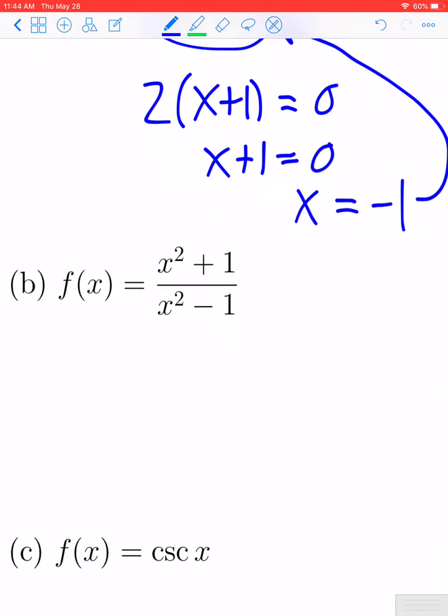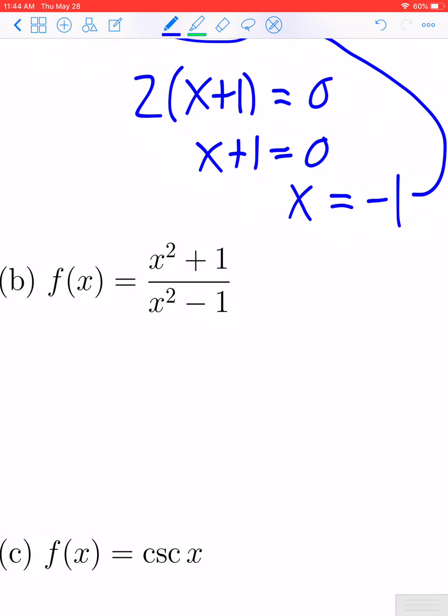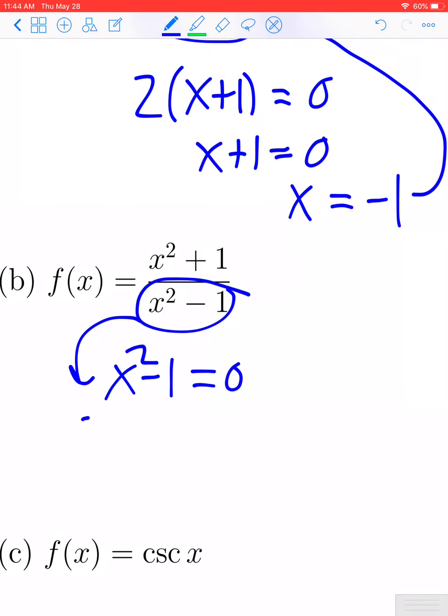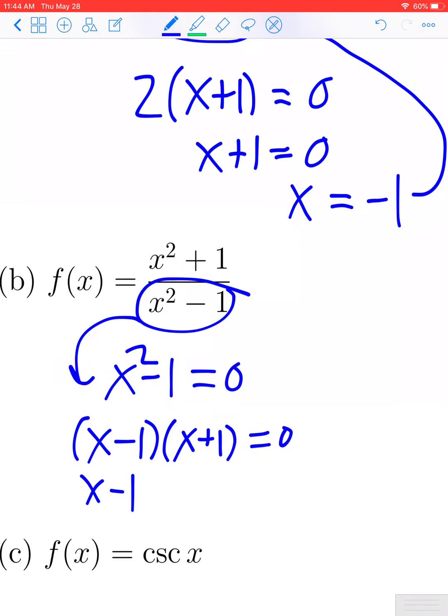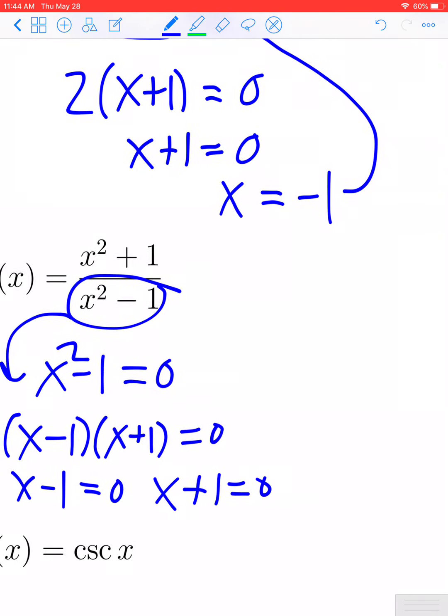Let's take a look at part B. We want to find the vertical asymptotes of x squared plus 1 over x squared minus 1. We start by taking that denominator, setting it equal to 0. You can factor this or use the square root property. I'll factor it. Set each factor equal to 0. And we're going to get two values.